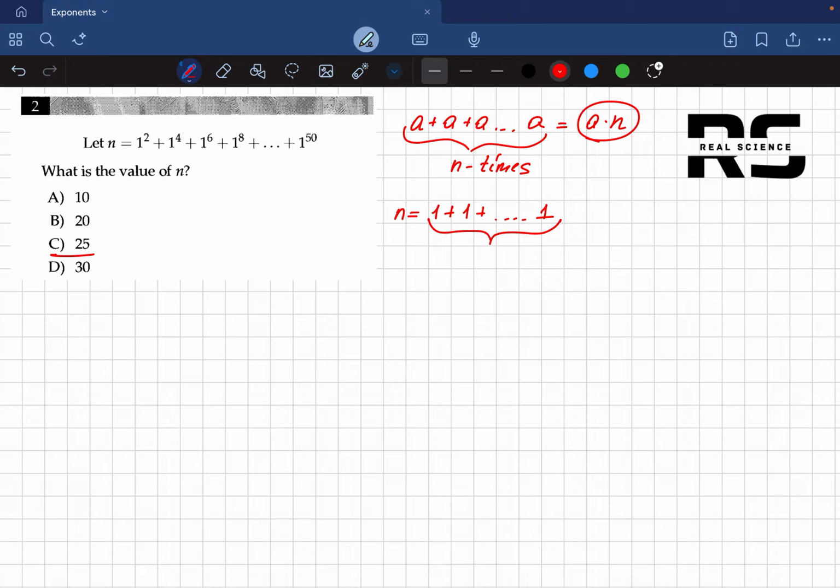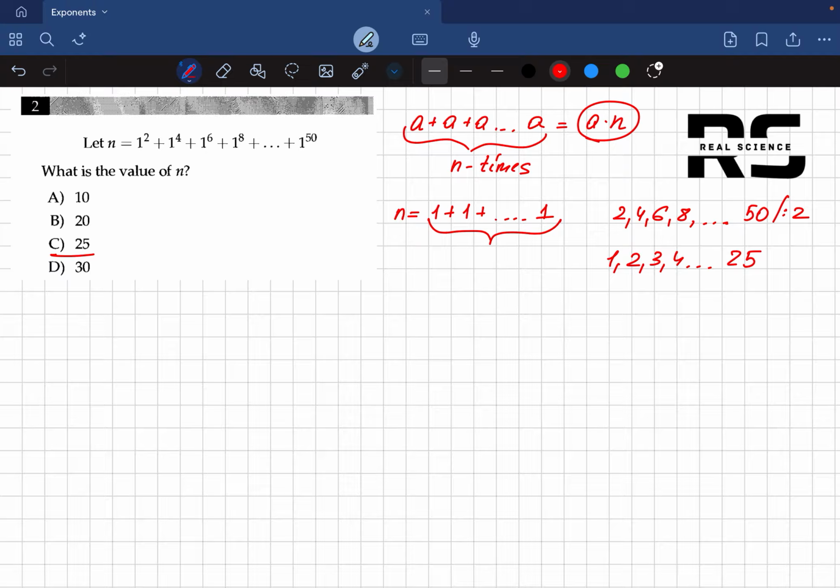So in this case, we could do it like this, okay? Let's say we have numbers 2, 4, 6, 8, and etc. up to 50. Well, you can actually calculate that by hand, just by going 2, 4, 6, 8. You could write everything, but that would take a lot of time. I would suggest you just divide it by 2, and you would have 1, 2, 3, 4, and up to 25.